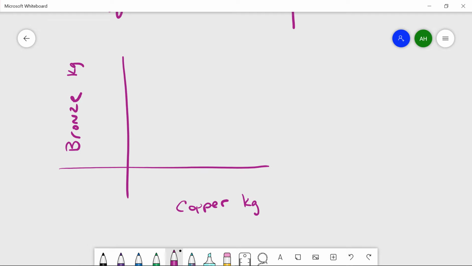As we're looking at the bronze, say we've got down here 5, up here we've got 40. Over here looking at the copper, let's say we've got 5, and over here, say we've got 15. We've got these various and sundry data points that are going to come in this area here.